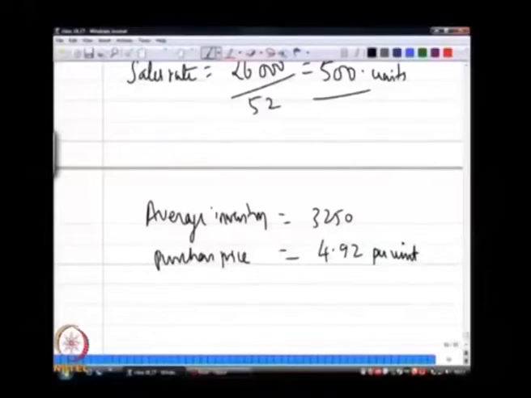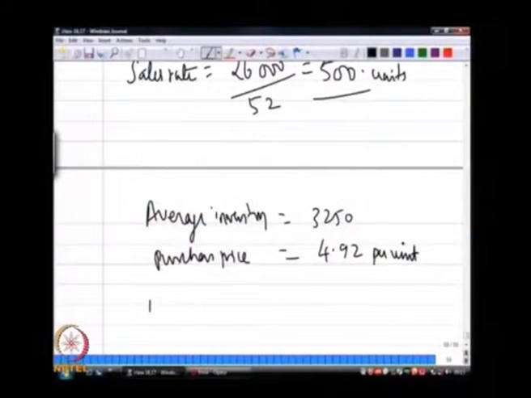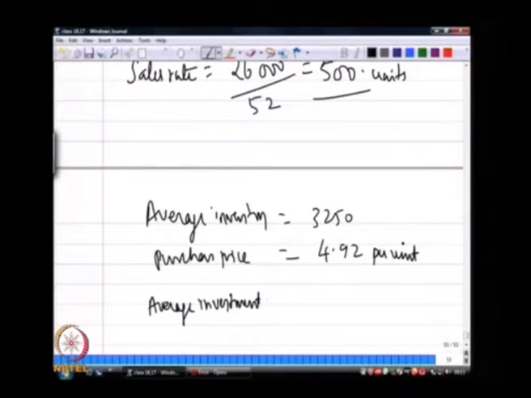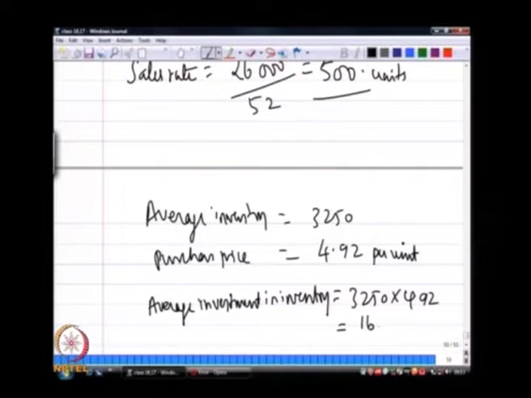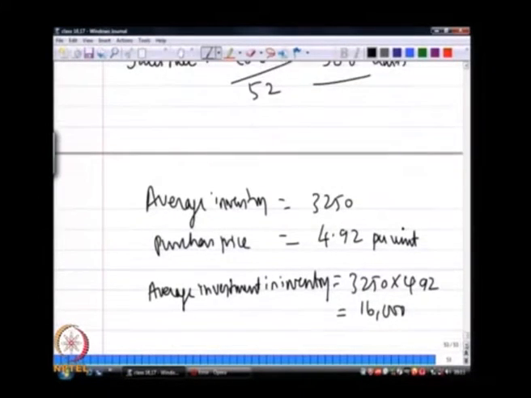This is a classic example of a working capital requirement: I need around 3250 units of inventory, and when the purchase price is 4.92, the average investment I have to make in purchasing inventory is 3250 times 4.92, which is 16,000 rupees.